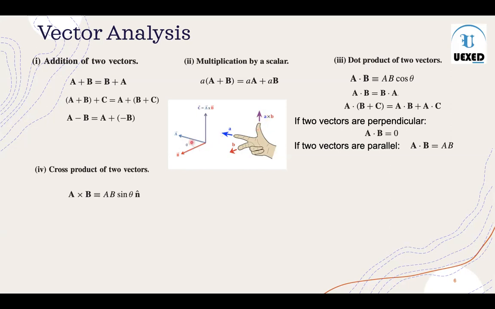So A and B make the angle theta within this plane, and the result is perpendicular to that plane.